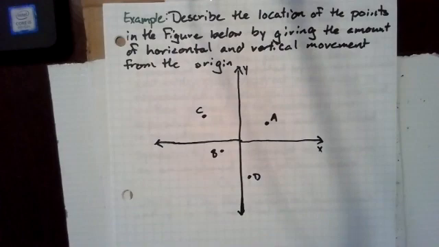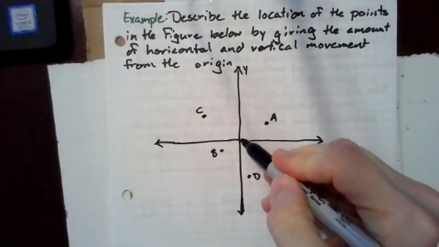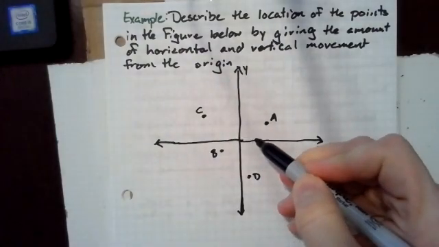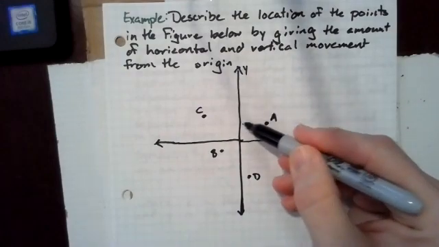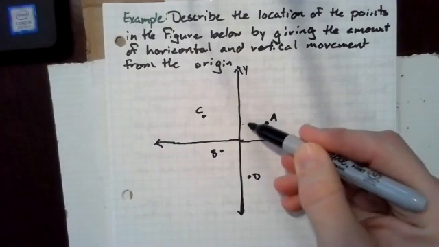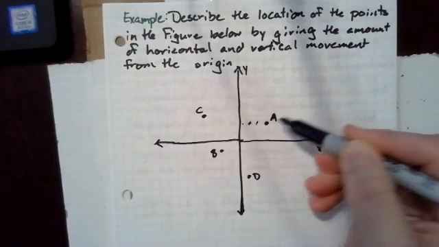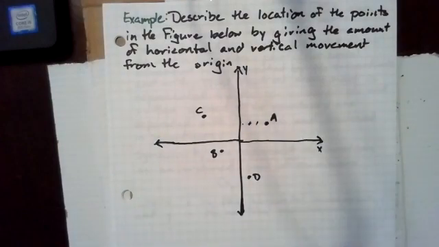So for example, we will describe the locations of the points in the figure below by giving the amount of horizontal and vertical movement from the origin. If we look at point A here, first we see how it's displaced horizontally from the y-axis, and that is 3 units, 1, 2, 3, from the y-axis.